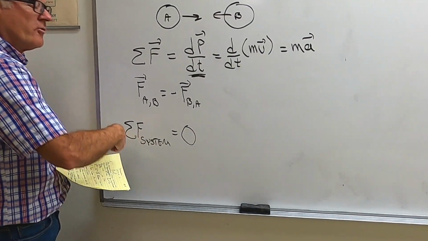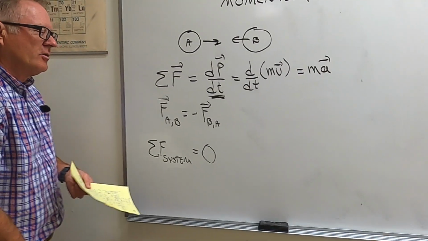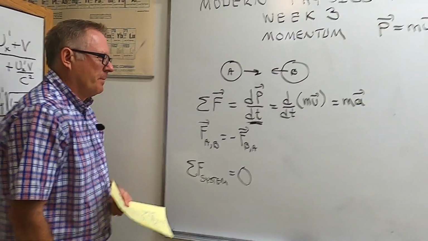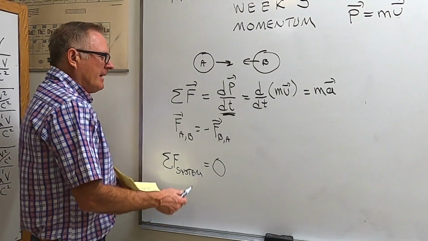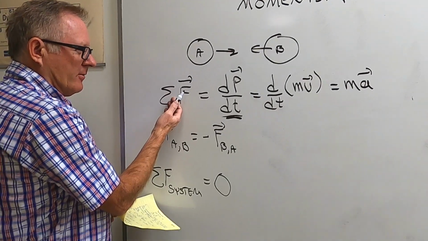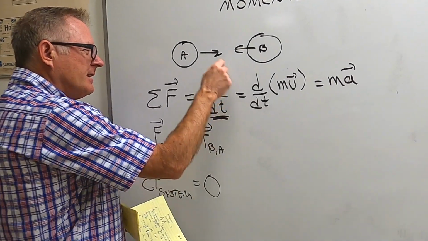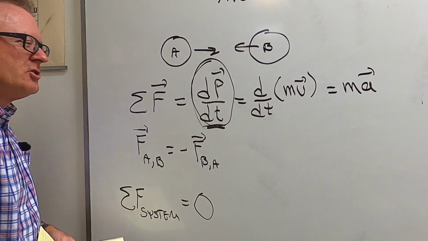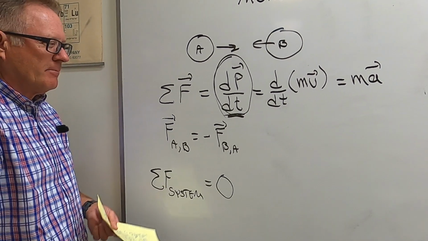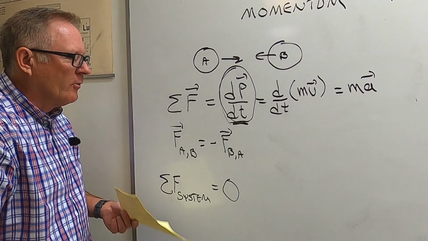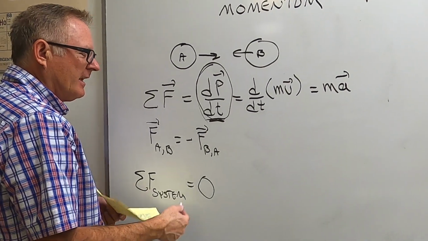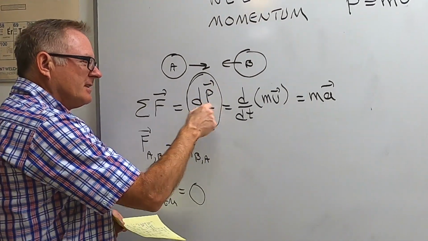So this is true for any system, as long as you include everything that's affecting it. Well, if this is zero, that means that the change in the momentum of the system better be zero with respect to time. We know the derivative is equal to zero when this is a constant.